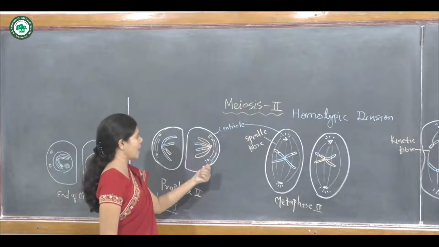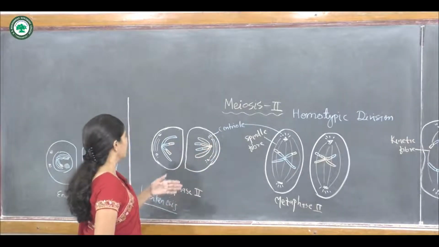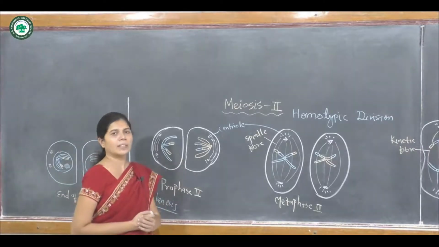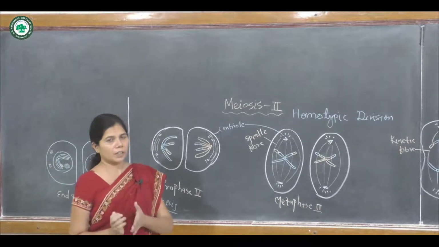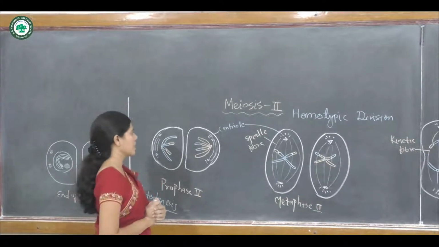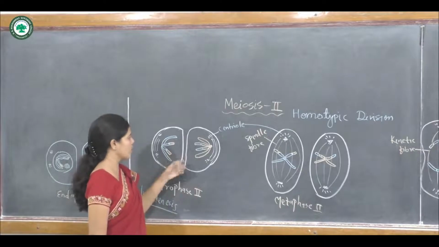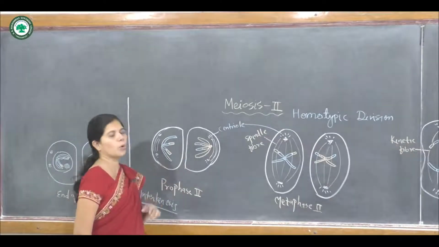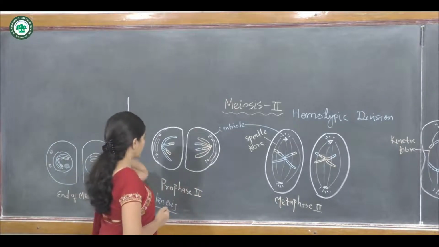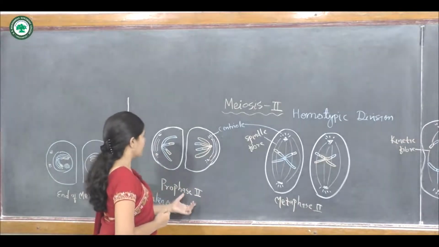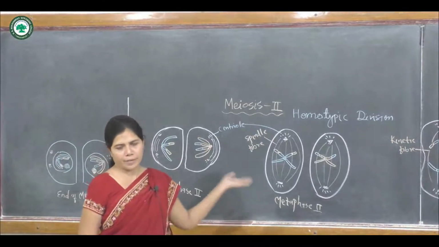The nuclear membrane and nucleolus, which reappeared in telophase I, disappear again by the end of prophase II, and then the cell proceeds to the next stage, metaphase II.